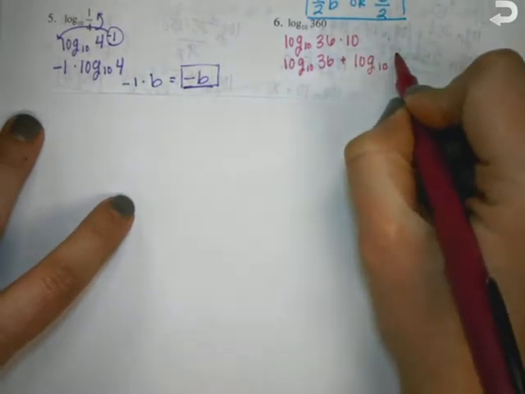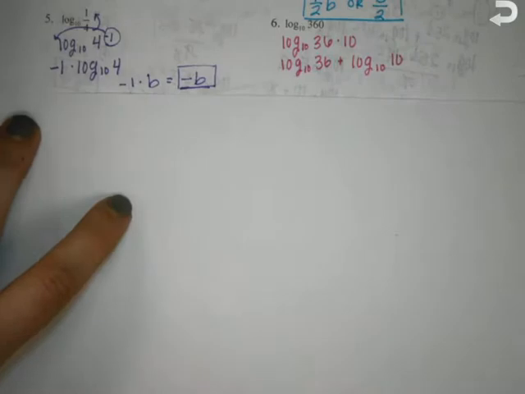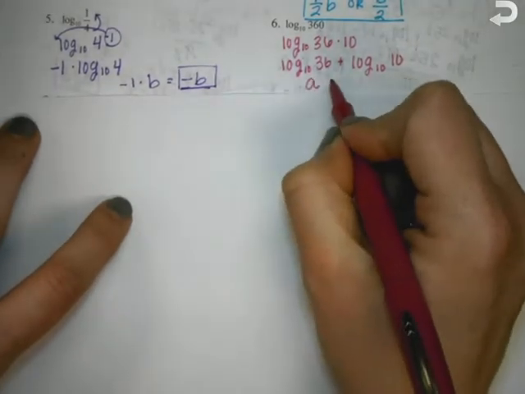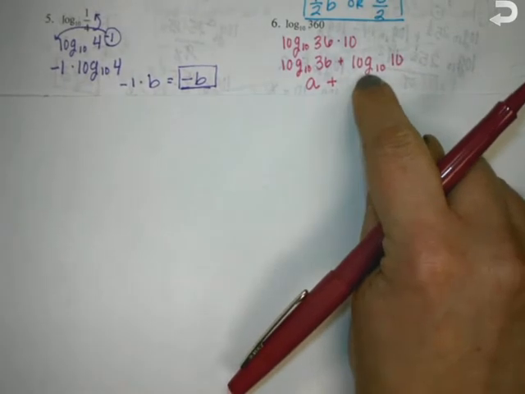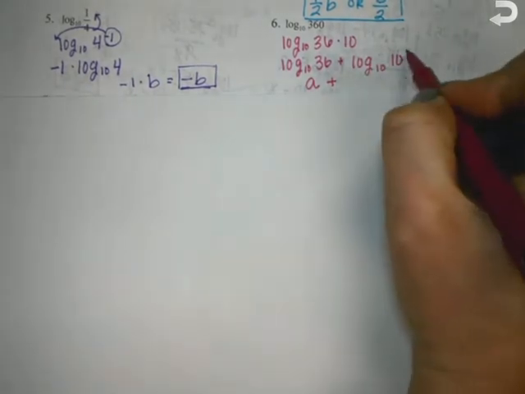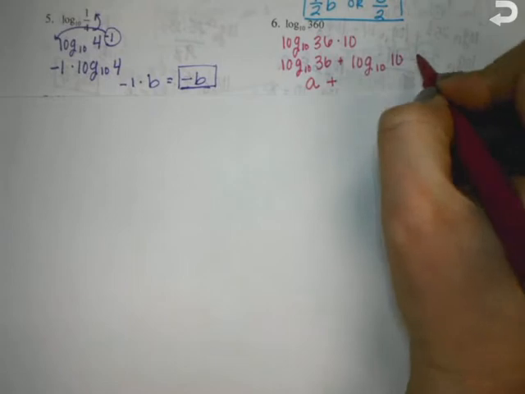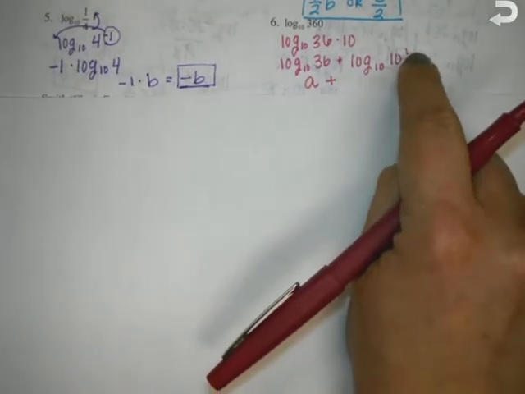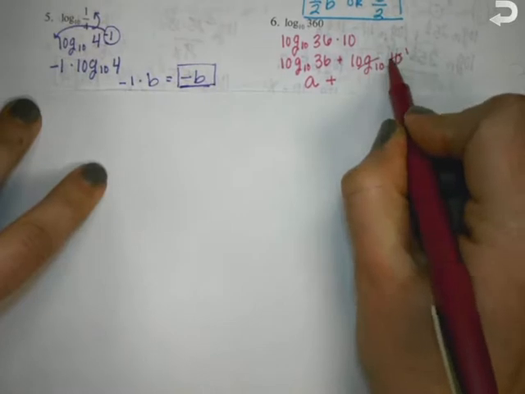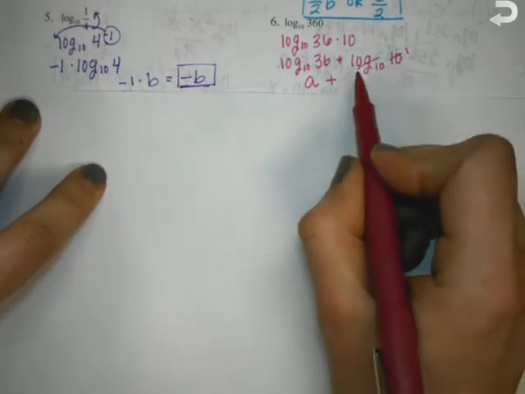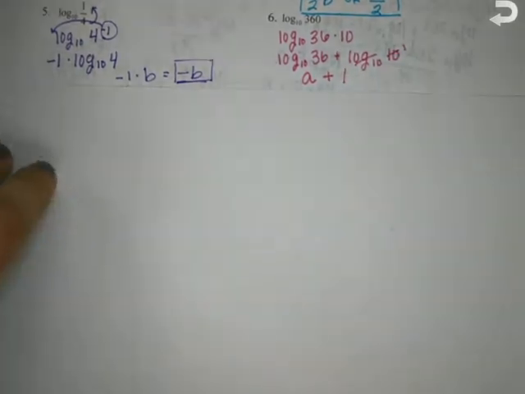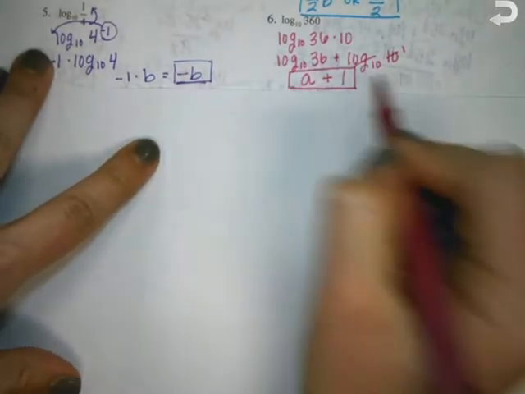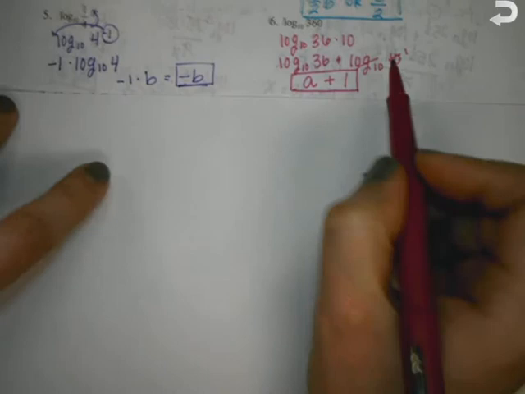Log base 10 of 36 is A, plus, okay, now this is a special rule. If 10 is by itself, it has an exponent of what? 1. So log base 10 of 10 to the first power, that log base 10 and the 10 cancel, so it's going to be plus 1. So my answer is A plus 1. So you can also get a number that is the exact same as the base, so that they can cancel each other out.